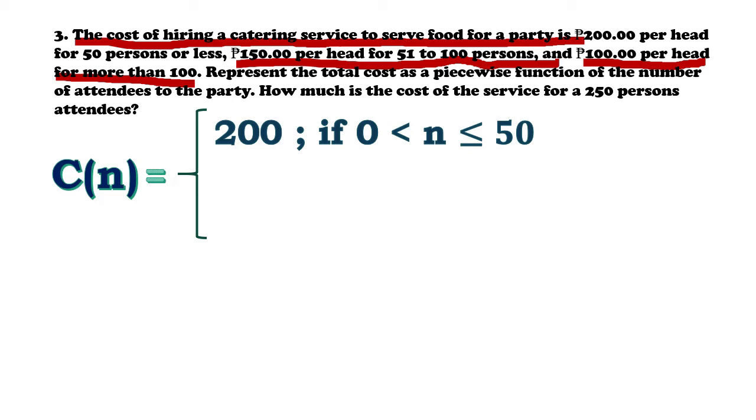We read this as greater than 0 going to the left. Although the symbol is less than, we are going to read this from n as greater than going to the left. So this is if the number of persons is greater than 0 but less than or equal to 50.